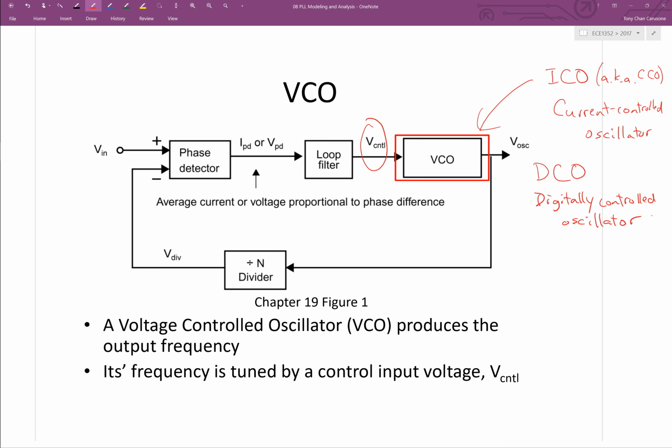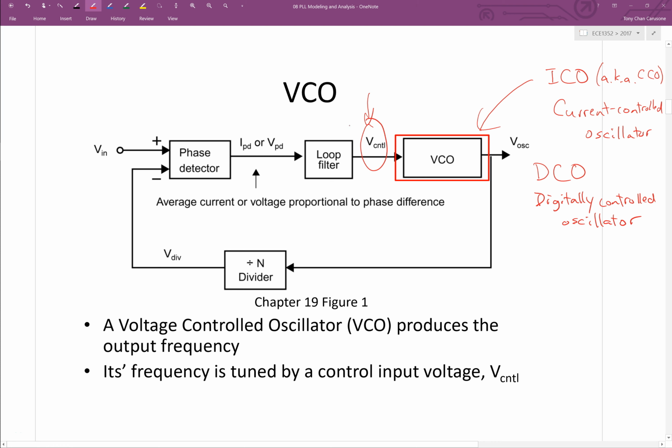So in our discussion, we're going to focus on the use of VCOs there. But as far as the loop dynamics go, and what's required to stabilize the loop, the high-level design procedures, it all carries forward. It's just that the quantities are different, right? The circuit implementations obviously will differ, because for an ICO, you need to provide a current signal as its input. For a DCO, the input's actually a digital code word.